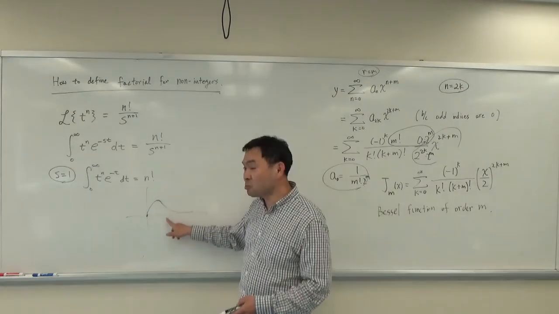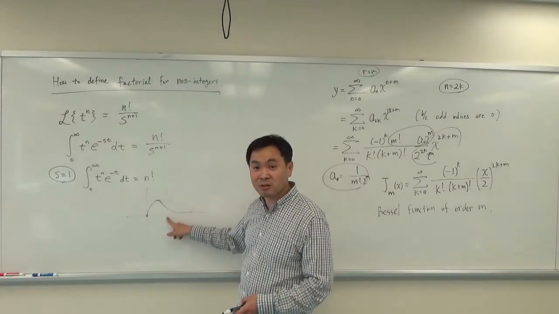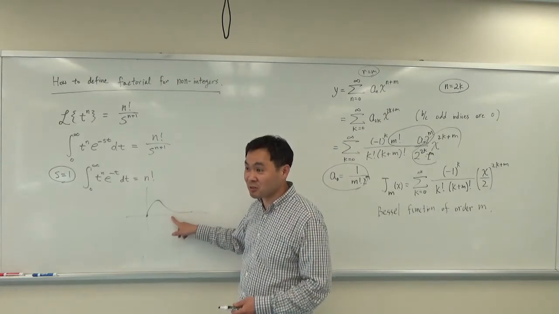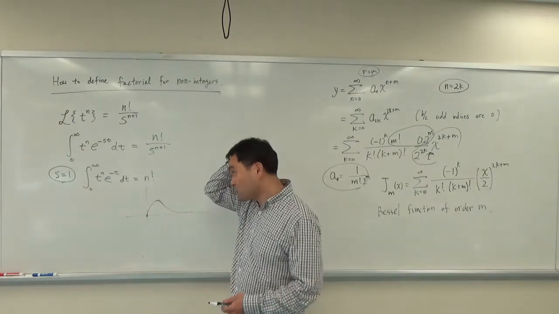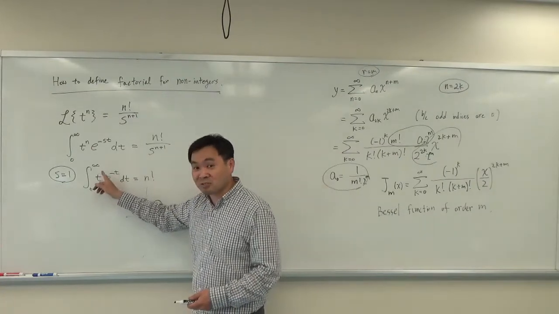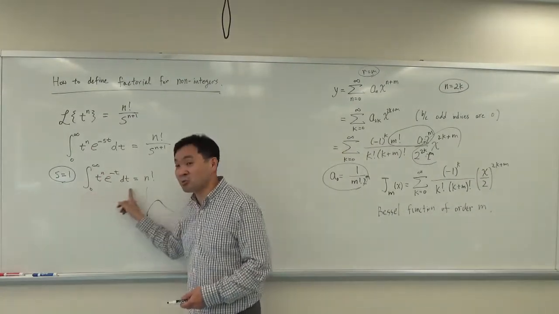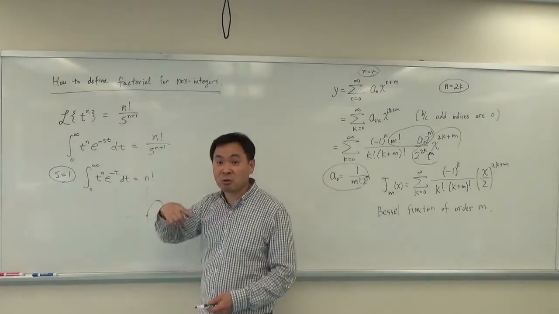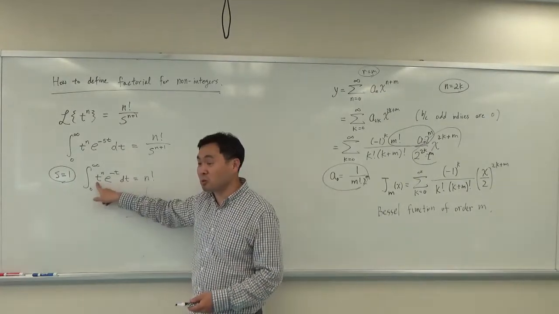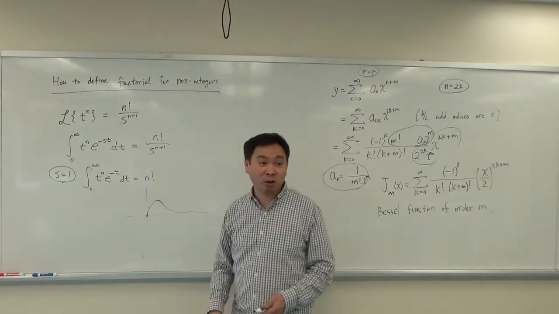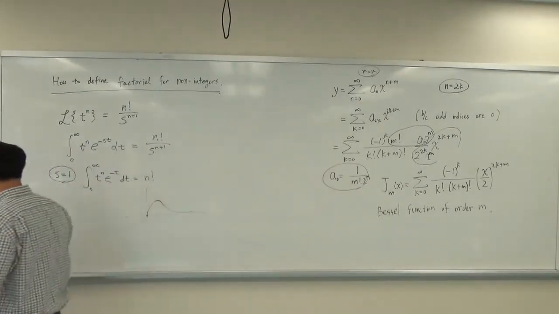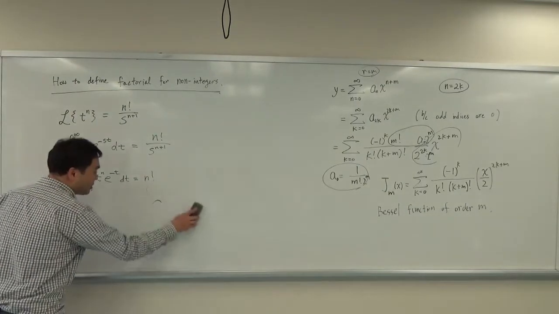Would you believe that this would have a finite number? You would. Indeed, it does. So for any positive n, even if it's not an integer, you can definitely do this integral, because exponential functions decay to 0 much faster than any polynomial. So that's a good definition.